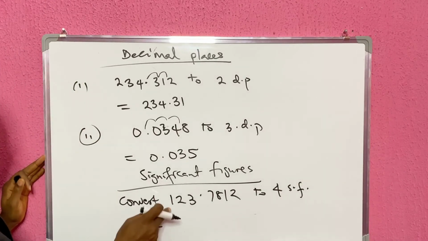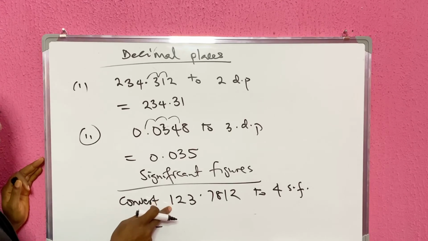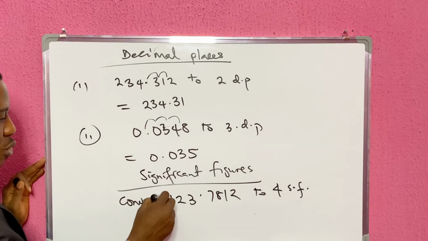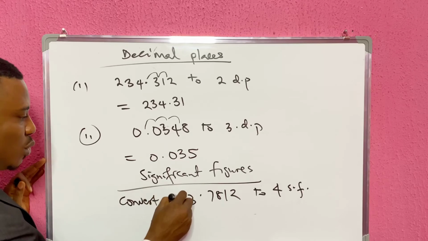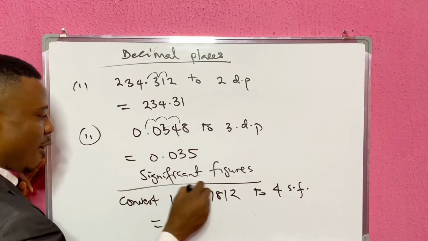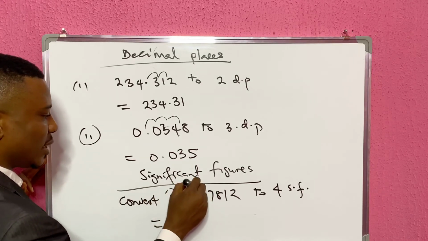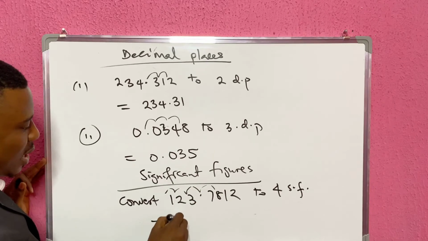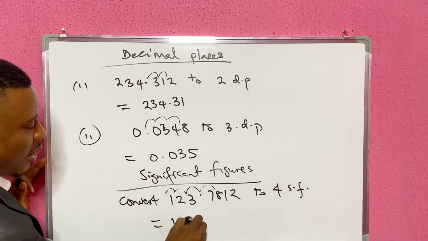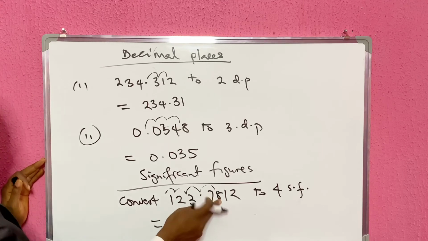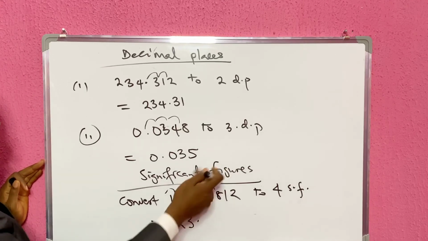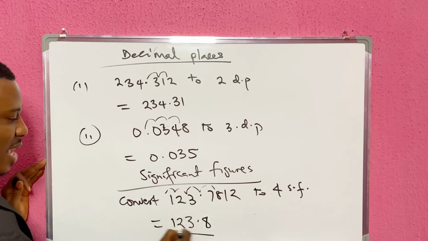This means that the first value is 1. You move 1, 2, 3, 4: 1, 2, 3, 7. But the 8 is above 5. You move 1 and have 8 as your answer.